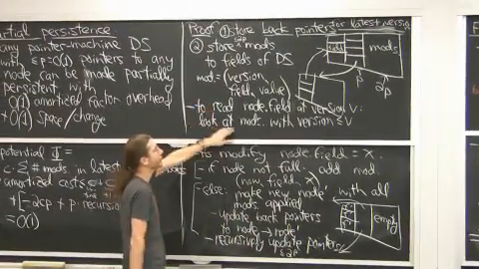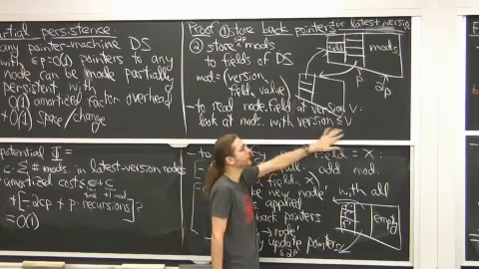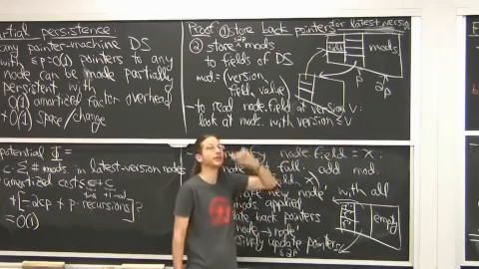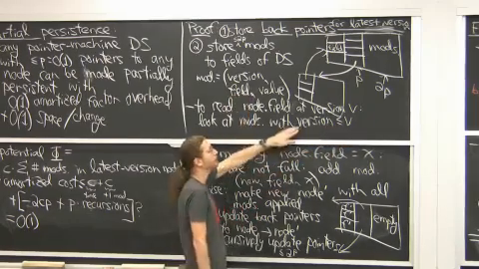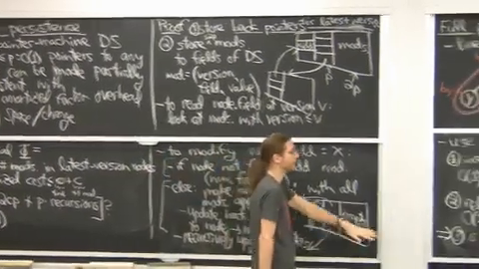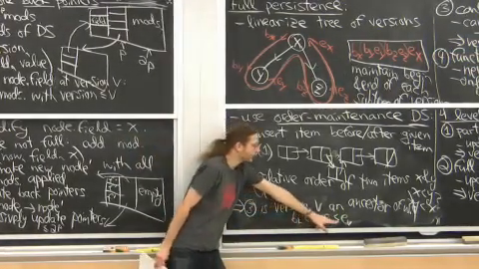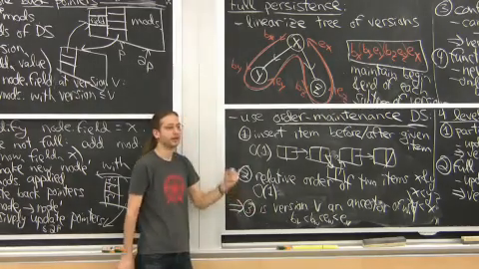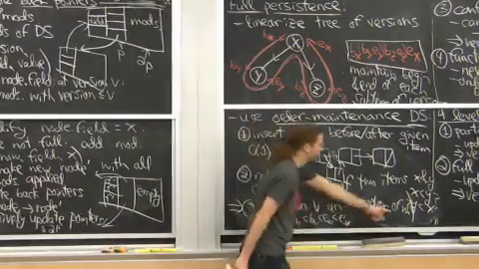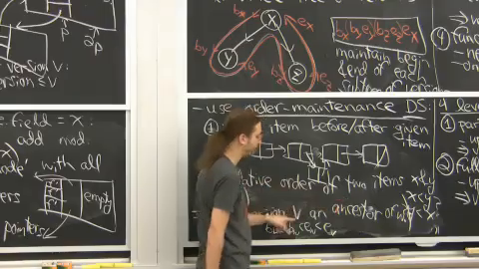When we read a field, we said, oh, we'll apply all the modifications that apply to version V. Before, that was a linear order, so it's just all versions less than or equal to V. Now, it's all versions that are ancestors of V. Given a mod, we need to know, does this mod apply to my version? And now I tell you, I can do that in constant time through magic. I just test these order relations. If they hold, then that mod applies to my version. So W is the version we're testing. V is some version in the mod. I want to know, am I a descendant of that version?